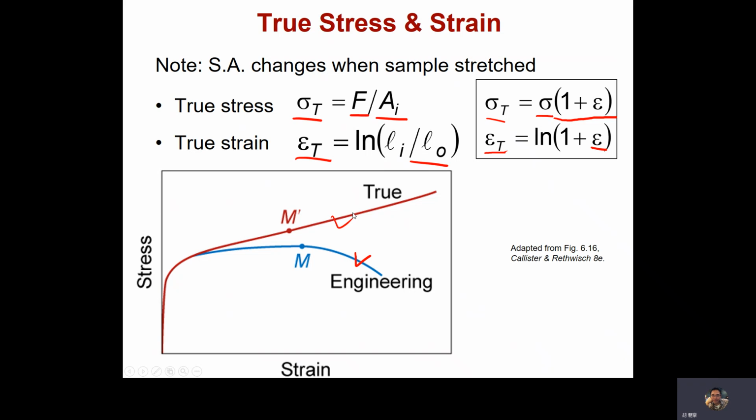It's hard to measure the cross-section change in time. Therefore, the mechanical properties that we already defined, like Young's modulus and tensile strength, are based on the engineering stress and strain curve, but not the true stress and strain curve.